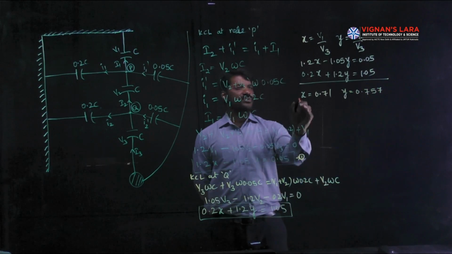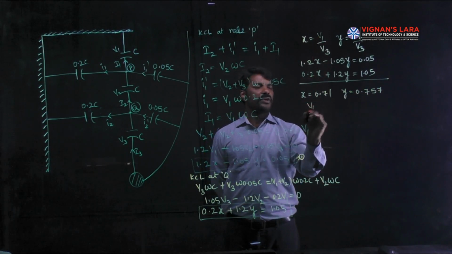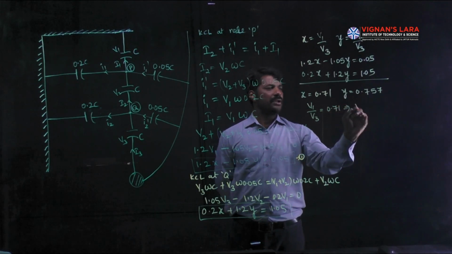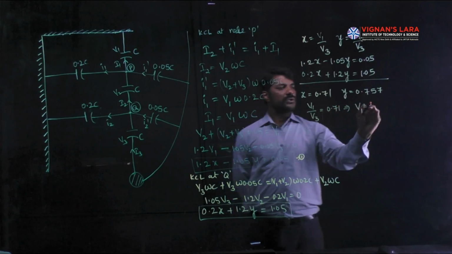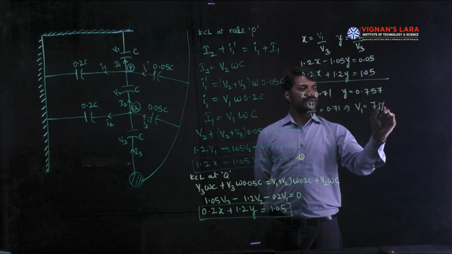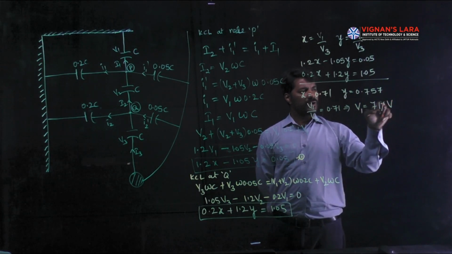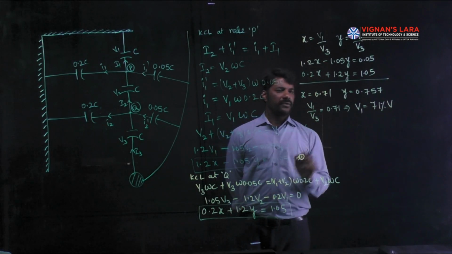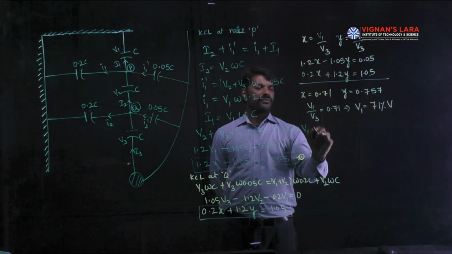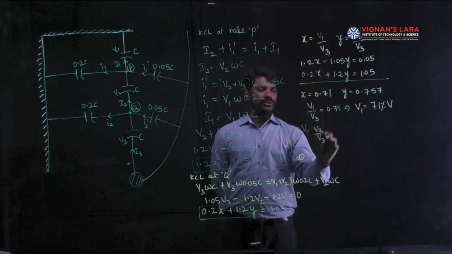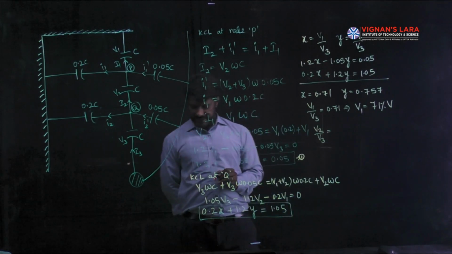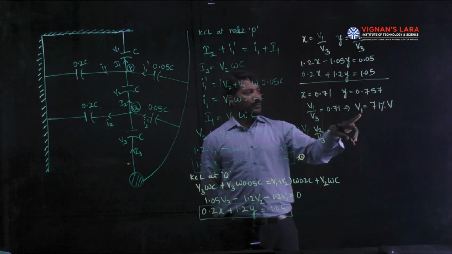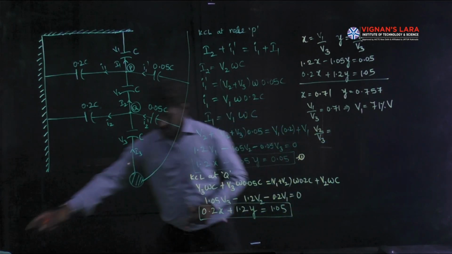In our analysis, we know that x is equal to V1 by V3, which is equal to 0.71, implying that V1 voltage is equal to 71% of V3, where V3 voltage is assumed to be V volts. And next, V2 by V3 is equal to 0.757.